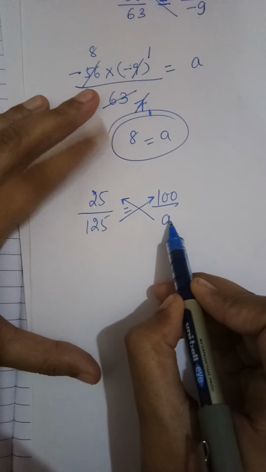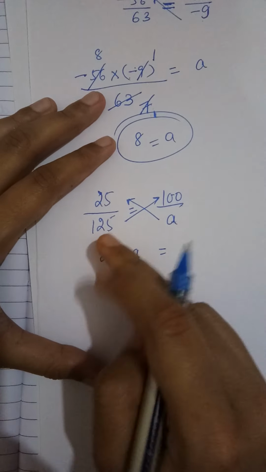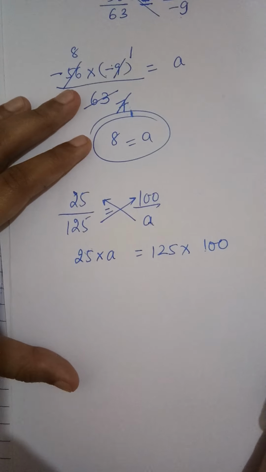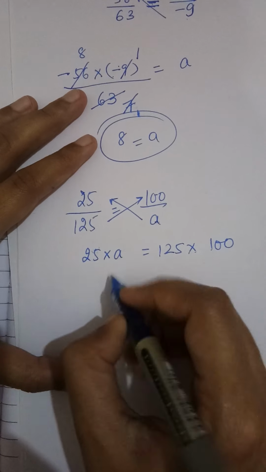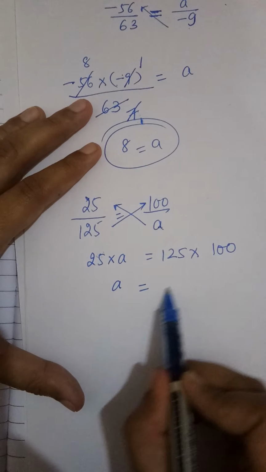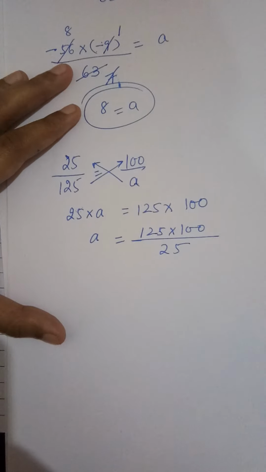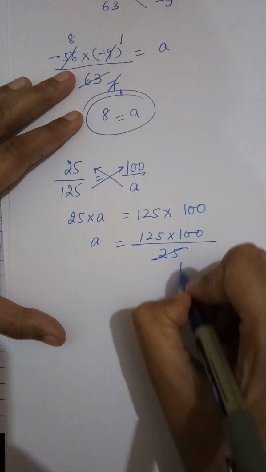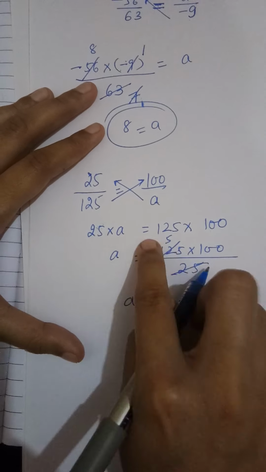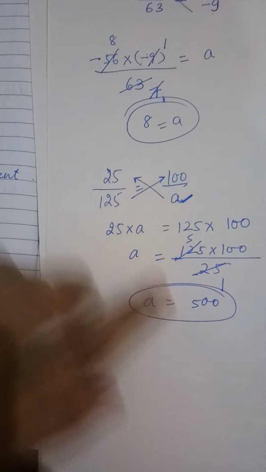Cross multiply: 25 into a, and 125 will go up, 125 into 100. Now a is there, I want a alone, and 25 is multiplied with a. On the other side it will come in divide, so 25 will come down. 25 ones are 25, 5 twenty-fives are 125, and when I multiply 5 by 100, I get 500. So this value will be 500.